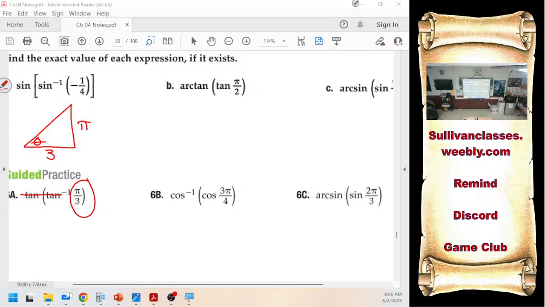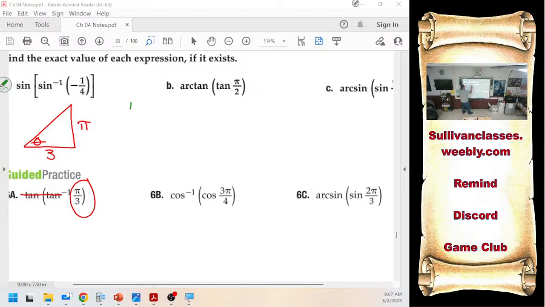Because when we're looking for pi over 3, it's like there, right? So then that's the tangent. But the input is a ratio. You're looking at an angle when the input is supposed to be opposite over adjacent.